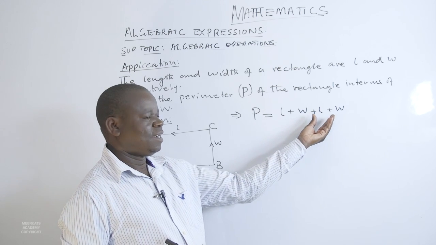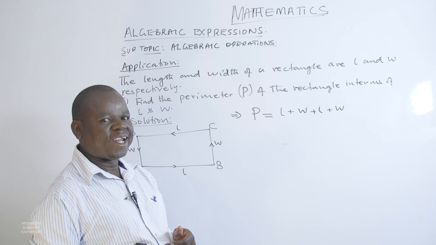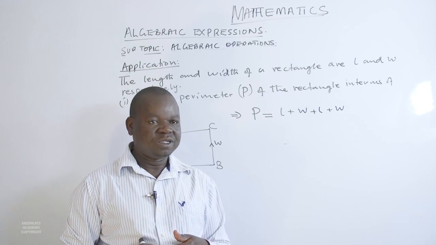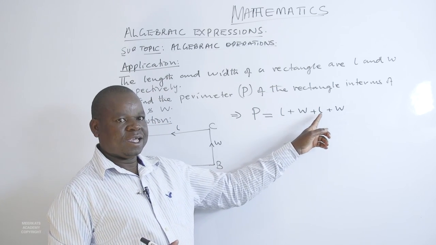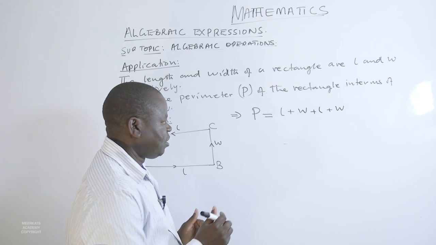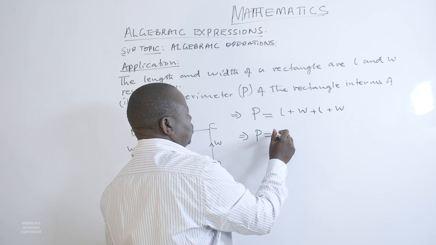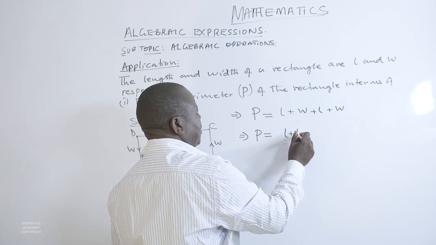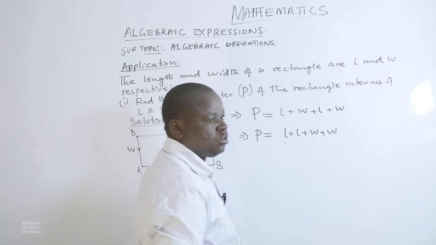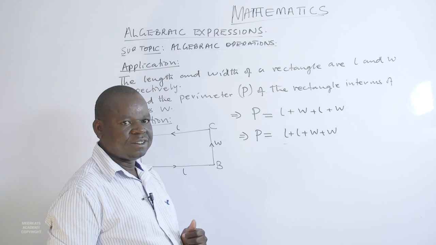And because these are algebraic expressions, we collect terms that contain the same pronumeral. So we have L and L, we have W and W, so we put them together. So P is equal to L plus L plus W plus W. So let's follow the same procedure to simplify this.